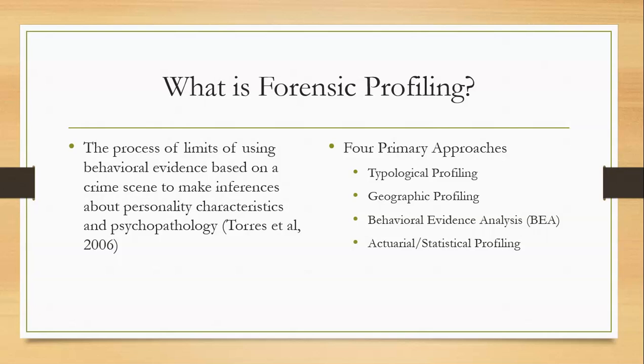And I think from watching shows like CSI and Law and Order, we see so many fictitious versions of what forensic profiling actually is in forensic psychology. So it was actually really cool to learn about the primary approaches, because on TV it looks very glamorized and easy and fast, but in reality, that's not what it is. So let's first move on to talk about some famous historic cases of forensic profiling.